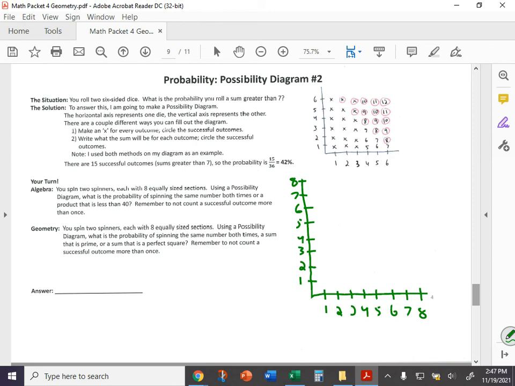And it says, what is the probability of spinning the same number both times? So that's one thing. A sum that is prime, or a sum that is a perfect square. So you're focusing here on the sums.